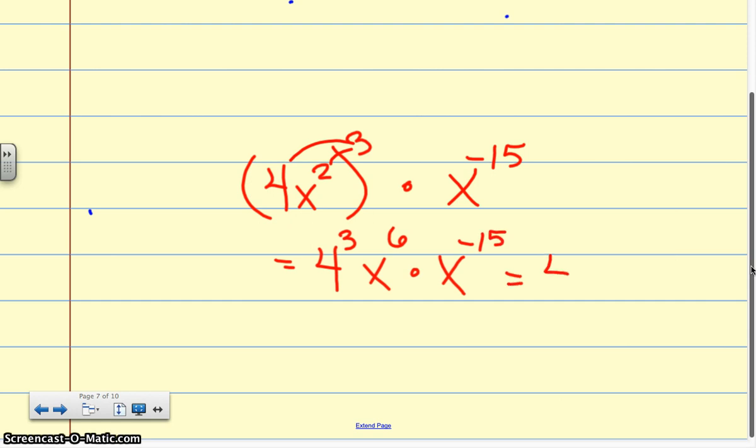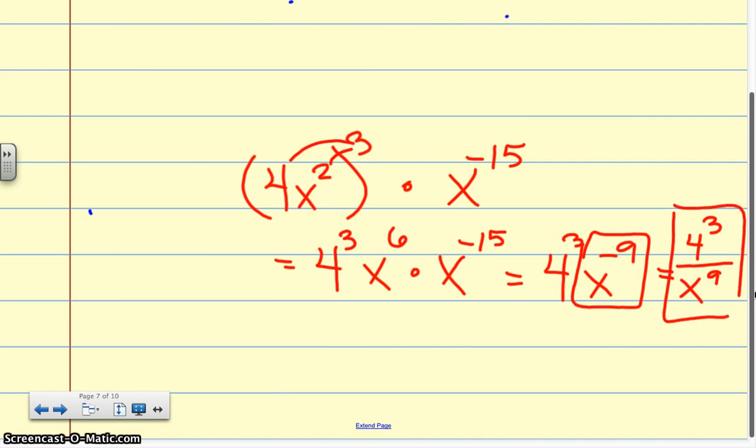That turns into 4 cubed times x to the negative 9. I need to get rid of this negative exponent. That is 4 cubed over x to the 9th. That would be our final answer.